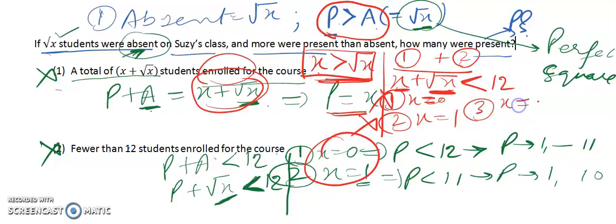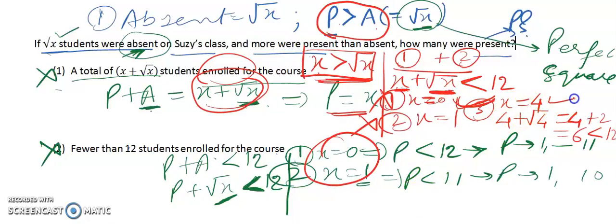Third, the next perfect square value of X is 4. So it will be 4 plus root 4, which is 4 plus 2, equal to 6. 6 is less than 12. Yes, this is a good contender. So let's keep in mind that X can be 4. Let's move to another perfect square value of X. X is equal to 9.